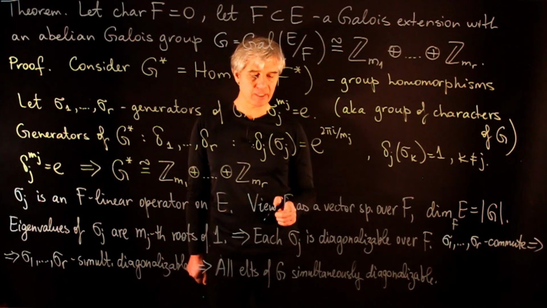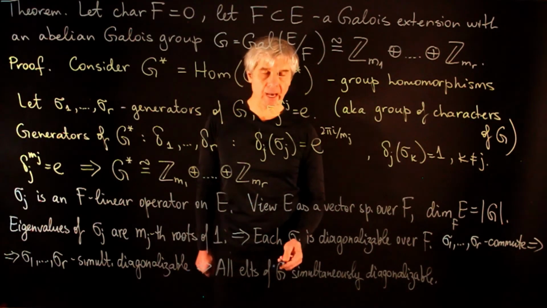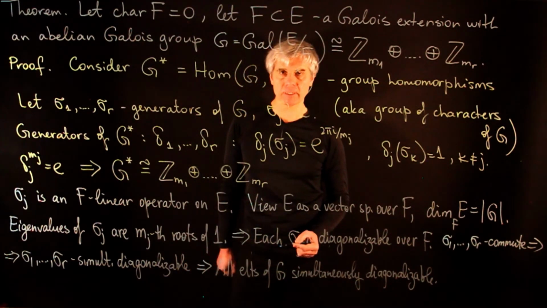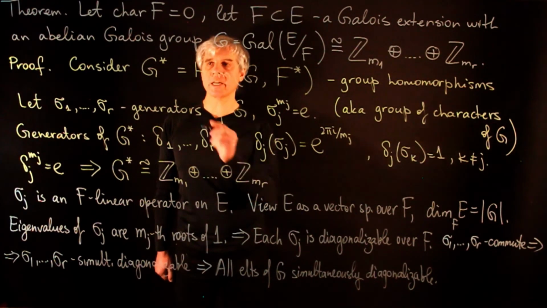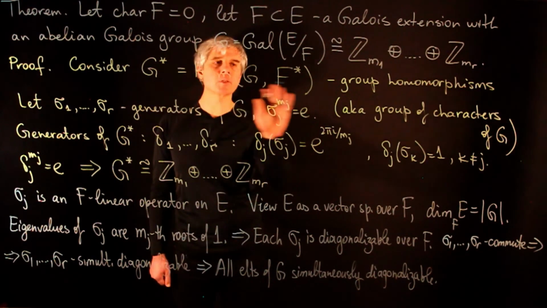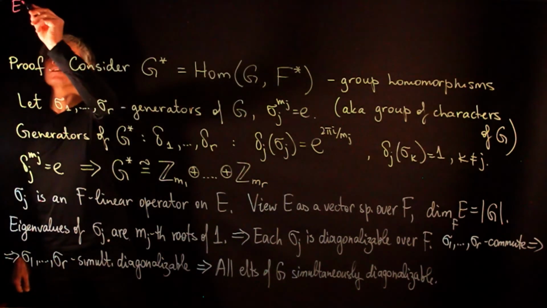This means that we can find a basis of the vector space E where all elements of the Galois group are represented by diagonal matrices. And it is clear that the joint eigenvalues are expressed by the elements of the dual group. Let us write down the eigenspace decomposition.